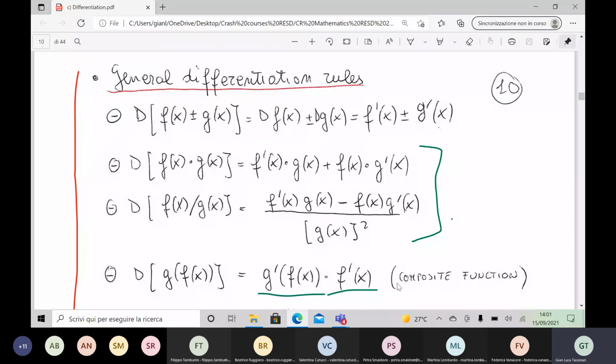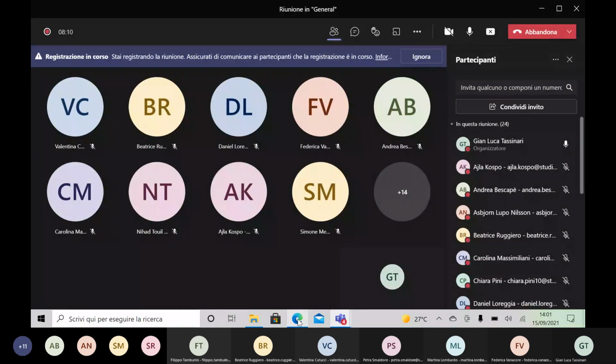We wait. Okay, another minute. We are 24. 25.